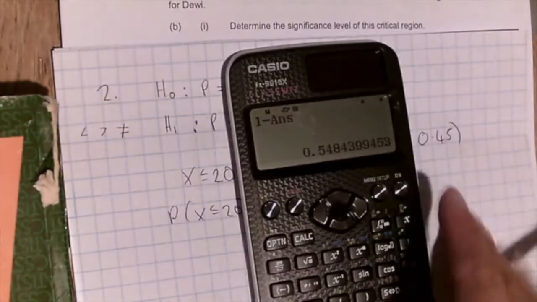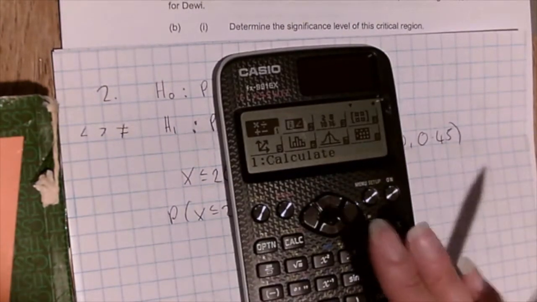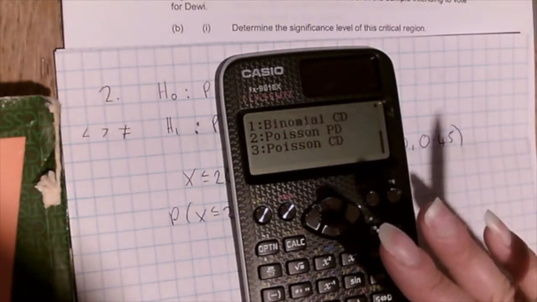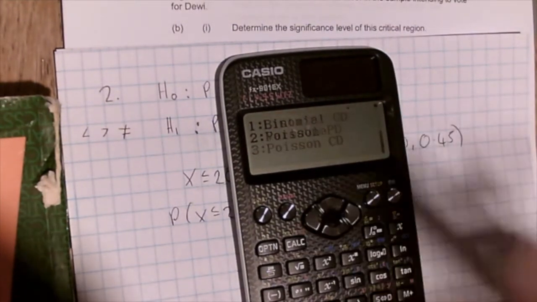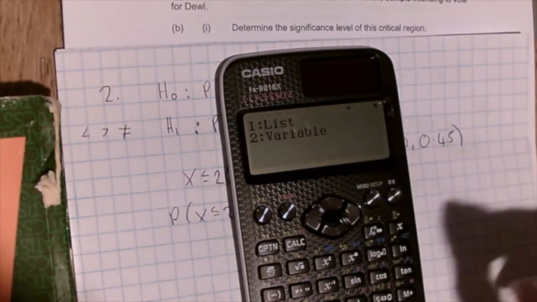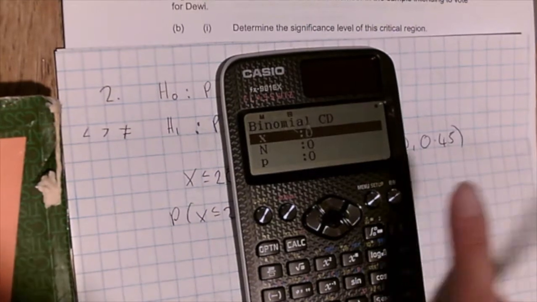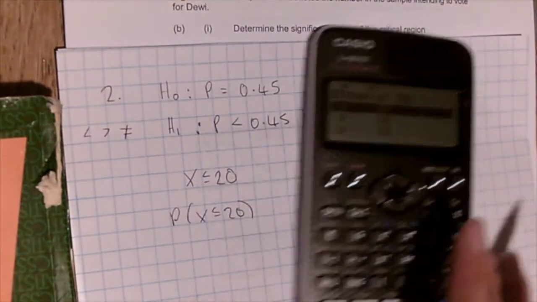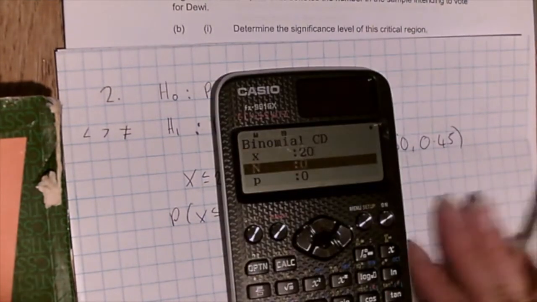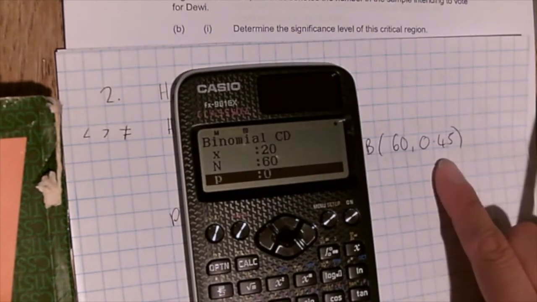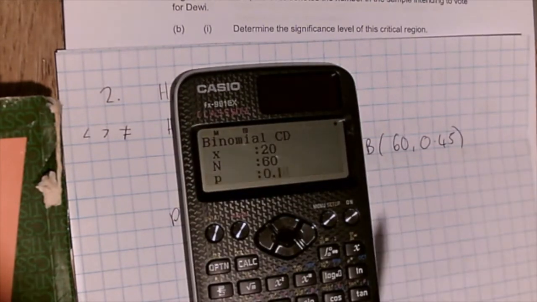So on your calculators, you need to be going to menu 7 for distributions, and we scroll down to binomial cumulative, which is number 1. We want just one outcome, so we're just looking for a variable because we're only finding one probability. Our x is 20, our n is 60, and our p is 0.45.